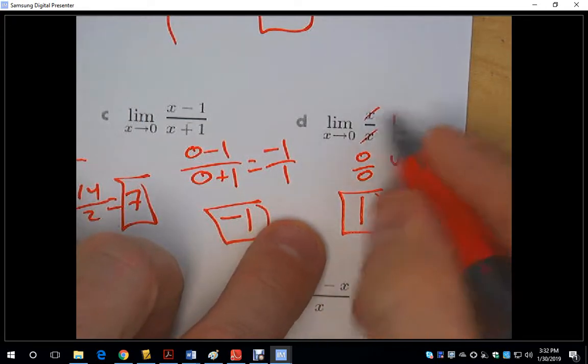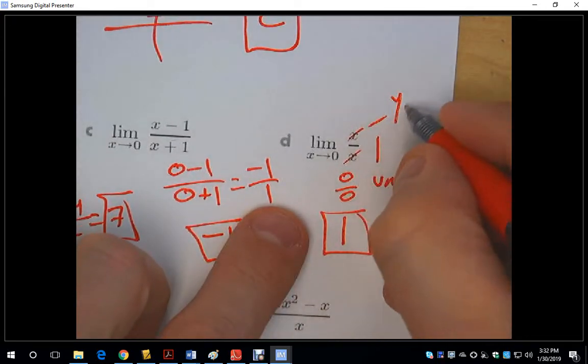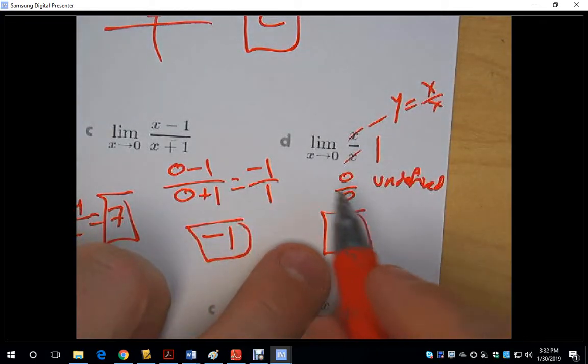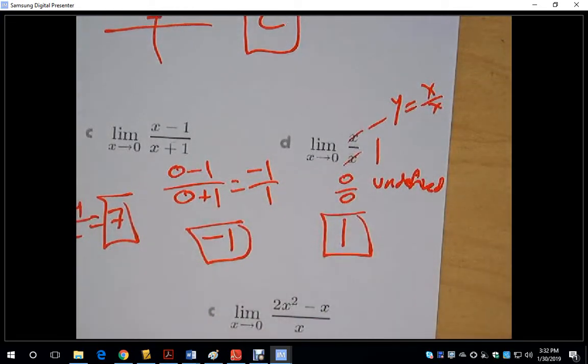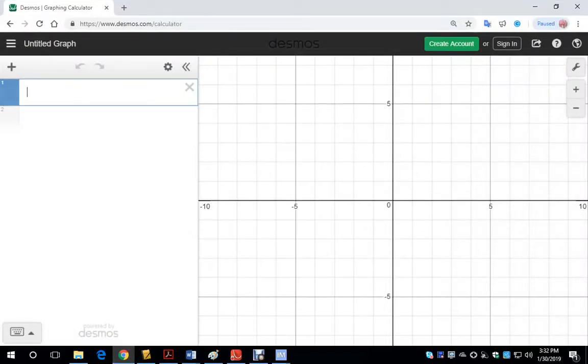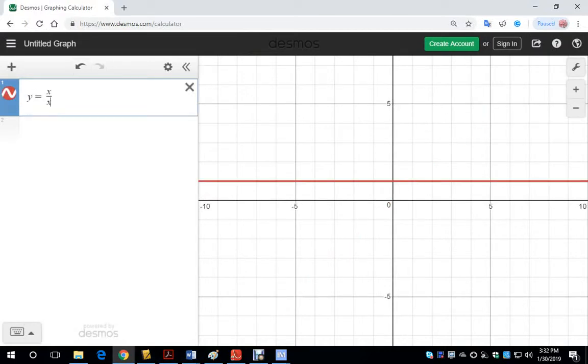Now I want to graph this, y equals x over x, because I want to show you what happens really when x approaches 0. Now, I'm saying it's 1 when x approaches 0, which is true, but of course x could never equal 0 because then we have a function that is undefined. So let's see, I have y equals x over x. We get this line.